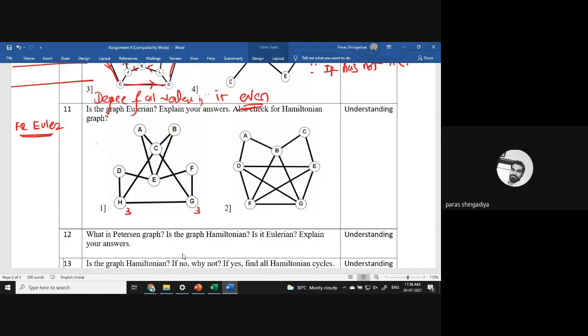So in any case, take any starting point. In any case, is it not possible to cover every edge exactly one time? It is not possible in any case.